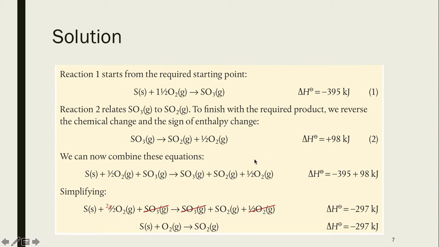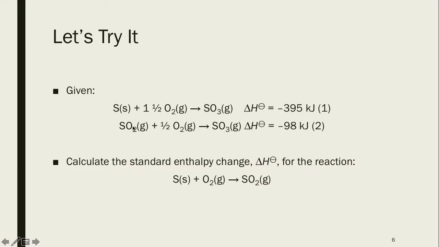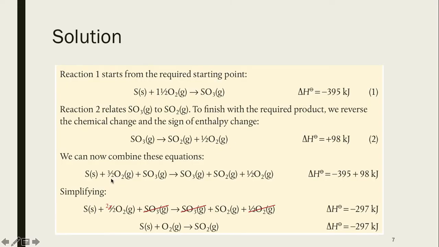Now what we can do is take those two reactions, number 1 and 2, remember that we flipped this second equation, and we can add them up, seeing what is on the left-hand side of the arrow and what is on the right-hand side. If there are things that are on both sides, we cancel them out.